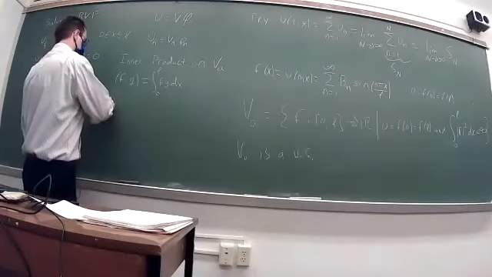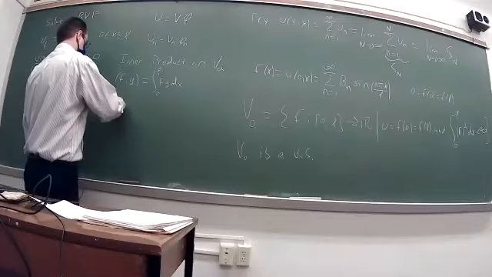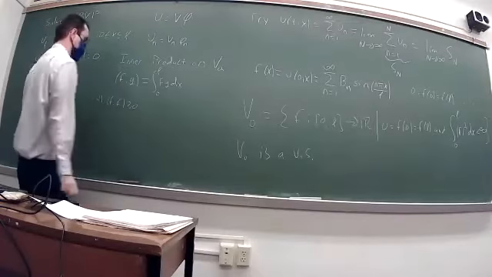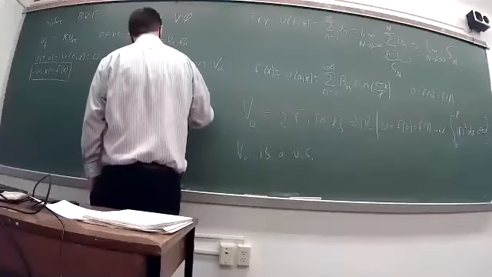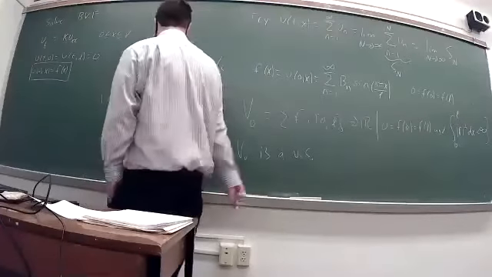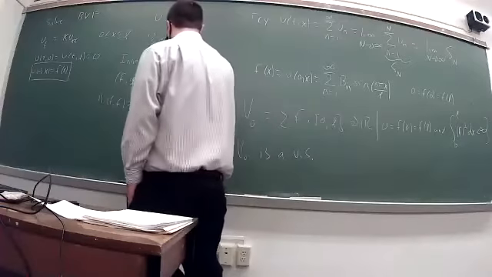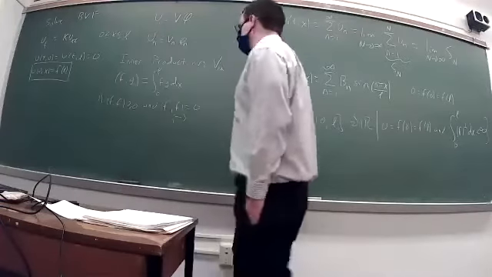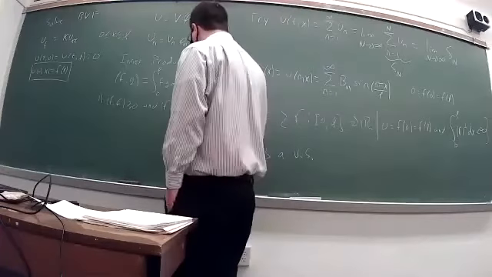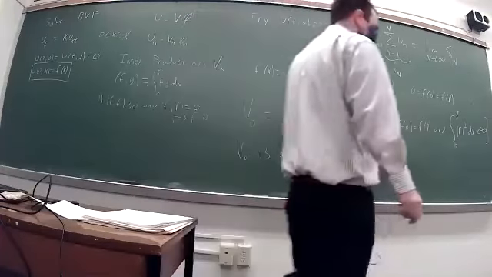It needs to be true that if you take an inner product with yourself, it has to be bigger than or equal to 0. And it needs to be true that your inner product with yourself is 0 if and only if f is equal to 0.